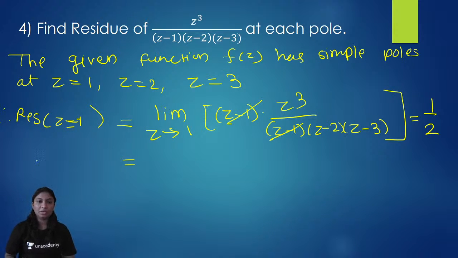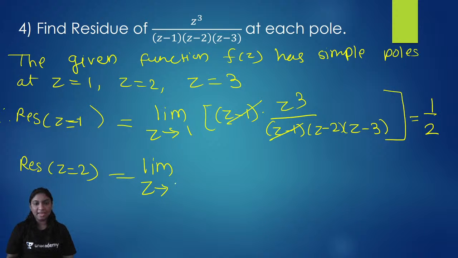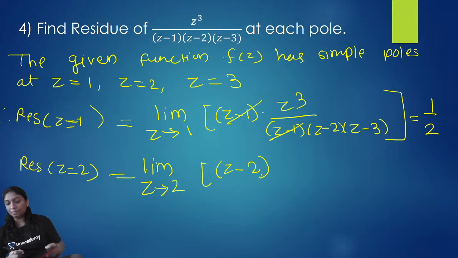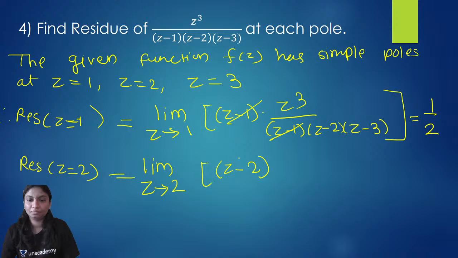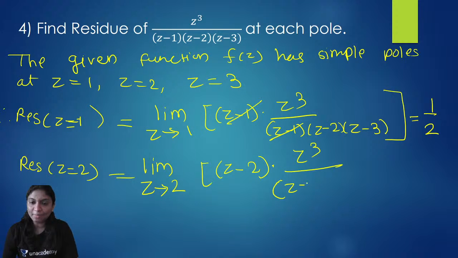Now we will calculate the residue at z = 2. What will it be? The limit as z tends to a = 2 of (z minus 2) into z cube upon (z minus 1)(z minus 2)(z minus 3).